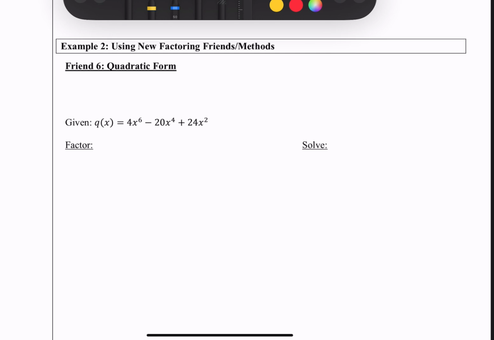What this friend does is, if you have a polynomial function in the form au squared plus bu plus c, where u is any expression in x.